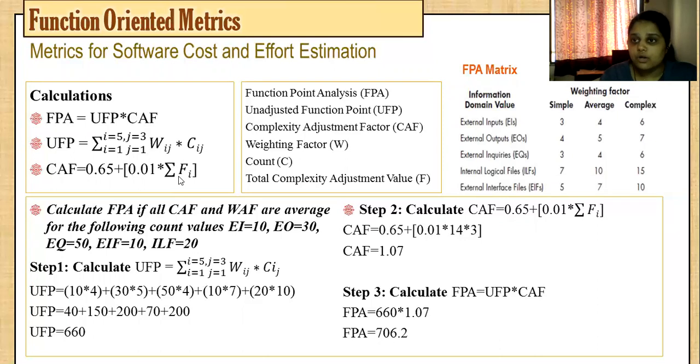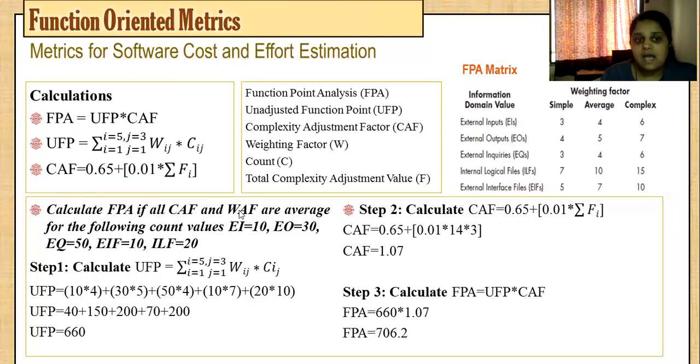So that is equal to 42. So CAF can be calculated as 0.65 plus 0.01 into 14 questions, all having a value of 3. So 14 into 3, which is 42. So this answer is 1.07.